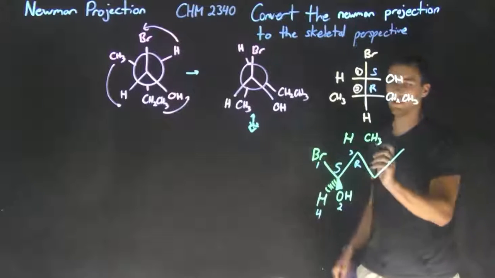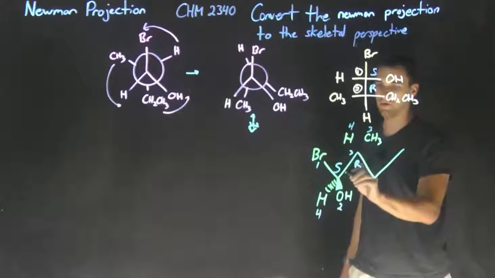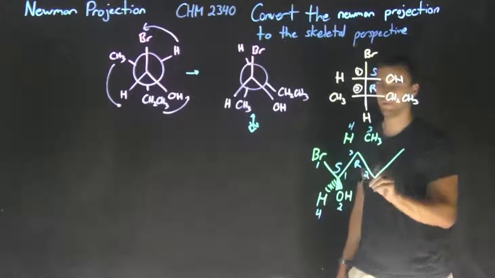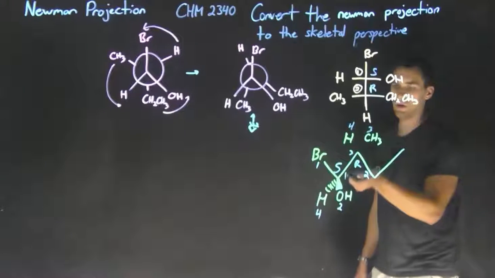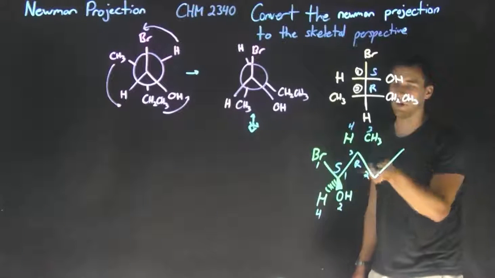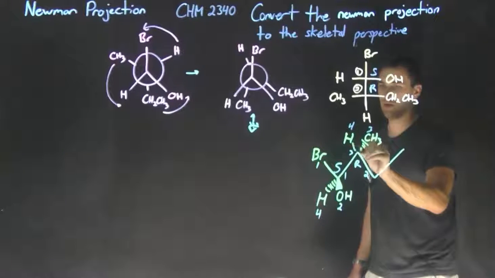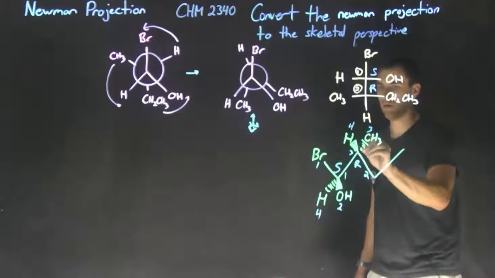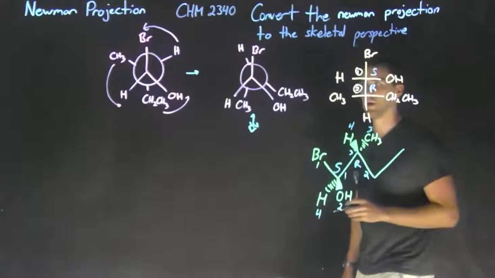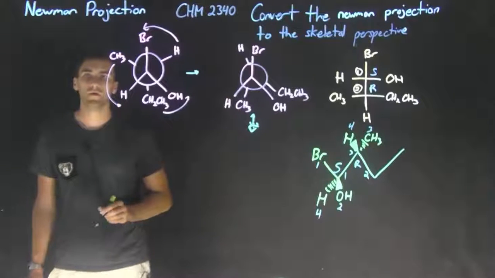For the other carbon, remember this one had the number 1 priority. So this will be S here, the same counterclockwise motion. So we need the methyl group in the back, not the hydrogen. And that concludes the video for Newman projections.